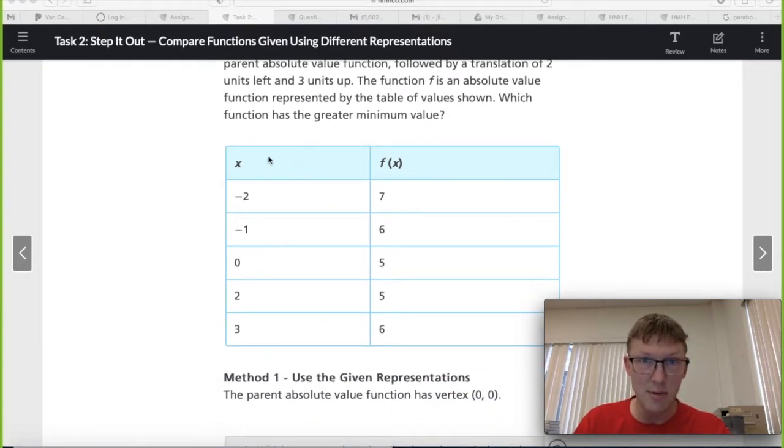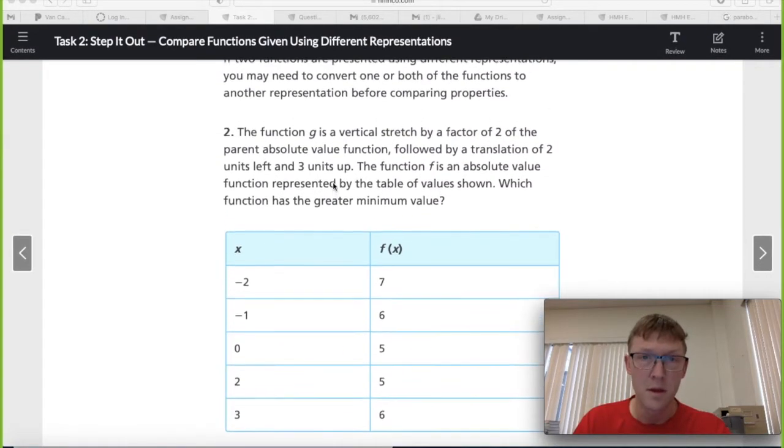So with the table, it's very easy to see what the minimum value is. If it's an absolute value, I would assume the minimum value would be somewhere in between 0 and 2 here at 5. So, somewhere around like 4 or something like that. Let's see here.